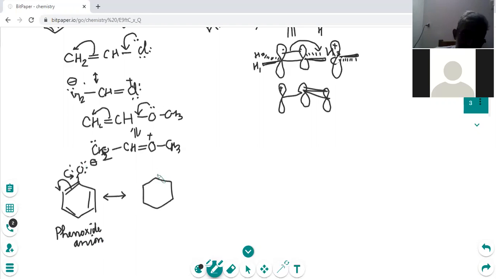You had 3 pairs of electrons. Out of that, one lone pair has become a double bond. And now the charge has got neutralized.